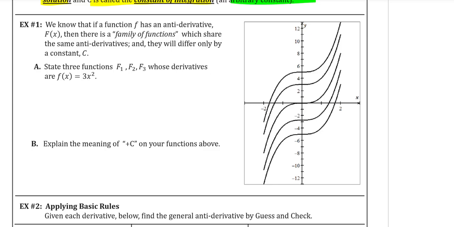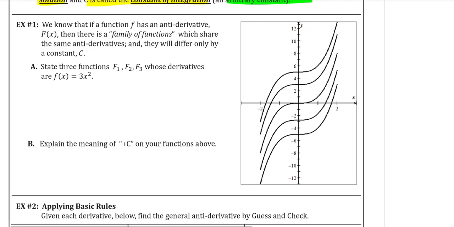If we find the antiderivative of little f of x, it would be x cubed. These are all graphs of x cubed, and you can especially see that as the one that goes through 0. That's our cubic graph, so let's choose that as our F1. So capital F1 of x will just be x cubed, because my c will be 0.